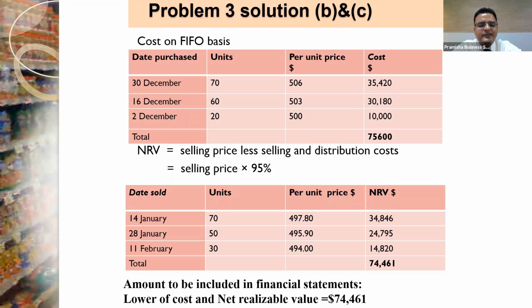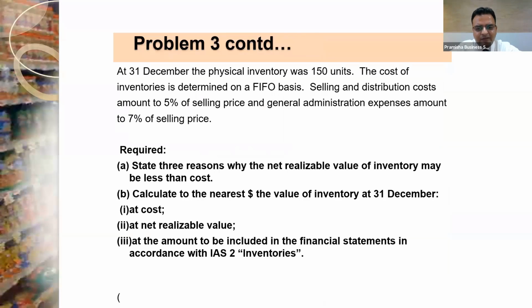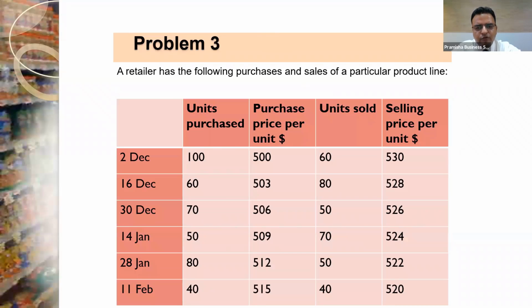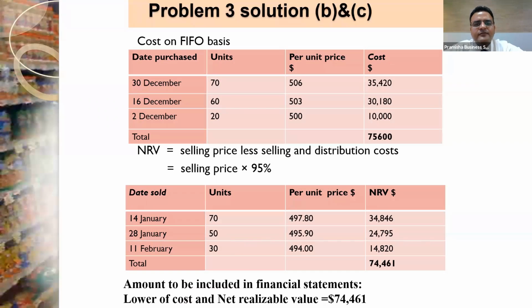The 150 units we carry are supposed to be sold at this price. Now in this question, we were given the net realizable value of the future, so we are required to estimate. So we can use the NRV on estimating selling price, and estimated selling prices are available to us. We can use this to know the NRV.